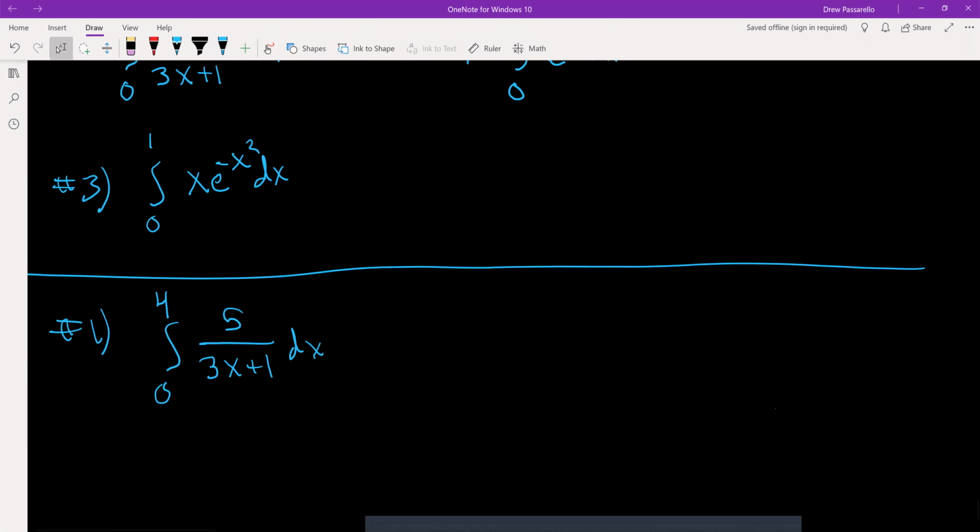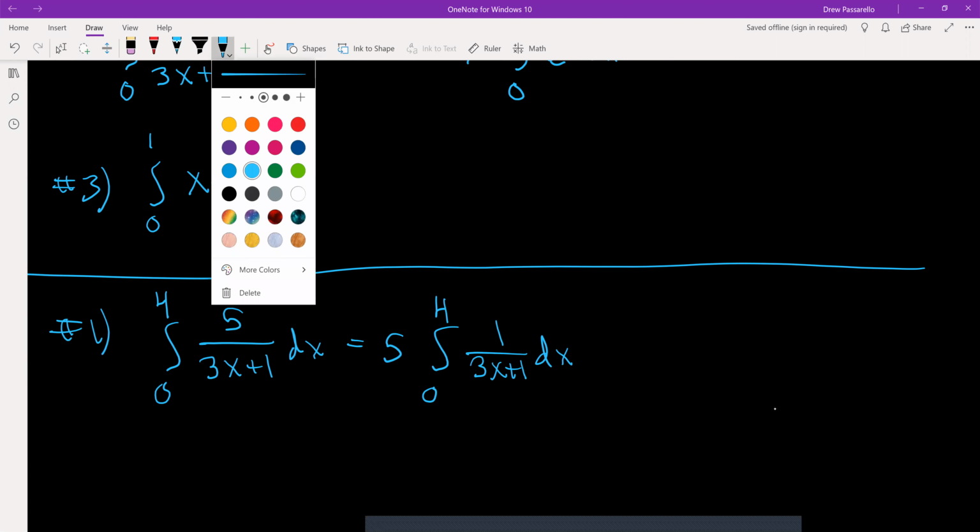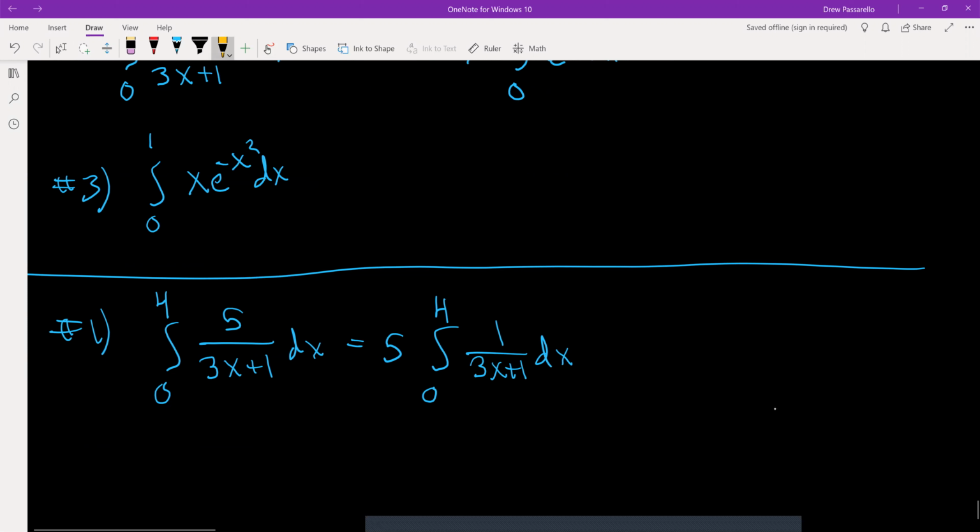Well, the first thing I'll do is factor out the 5 in front of the integral. So I have it as 1 divided by some quantity, and so by one of the integrals that we've learned in the previous videos, 1 over u du is equal to the ln of absolute value of u plus c.